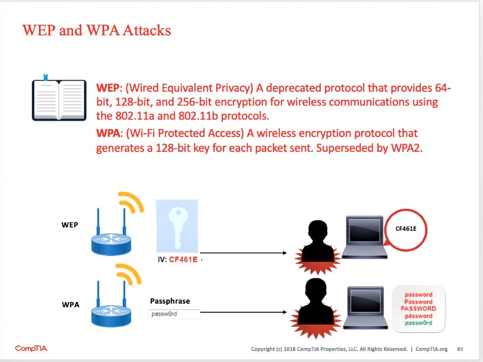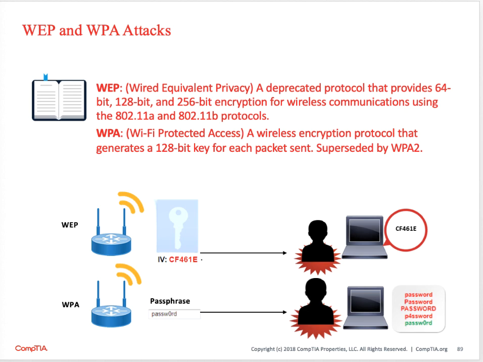Not even just now, but way back then, they were able to do this. Because of that vulnerability, WEP was deprecated in 2004. If your test ever asks what's the best way to encrypt your wireless connection, never pick WEP. All right, remember that. Never pick WEP.